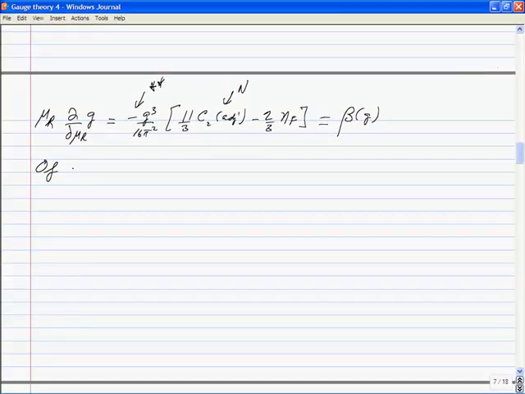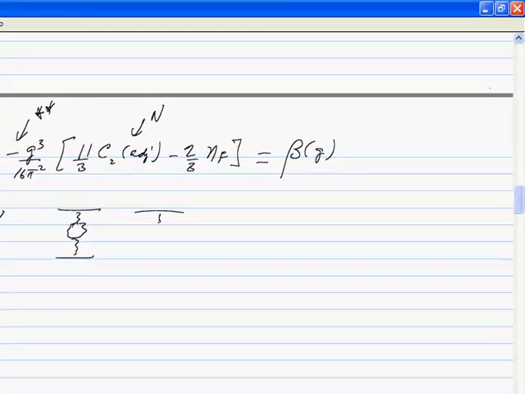Of the 11/3 n factor, from this diagram and this diagram, that's the ghost, we get 5/3 n. So some of it comes from there.